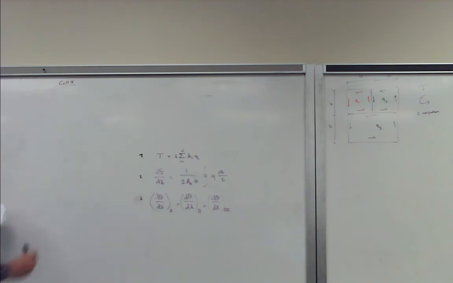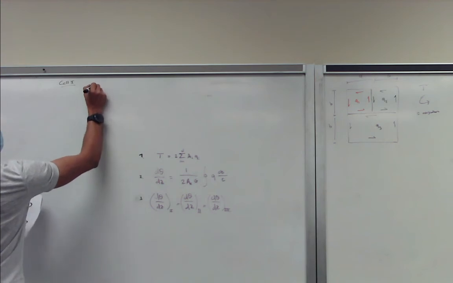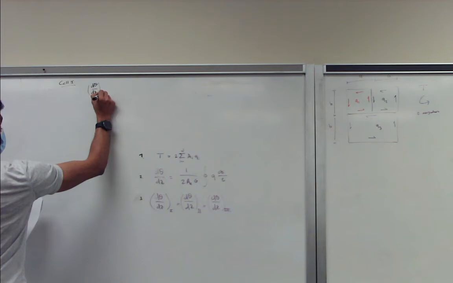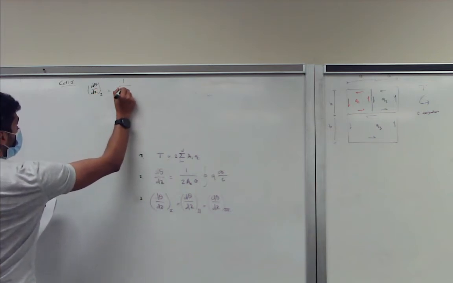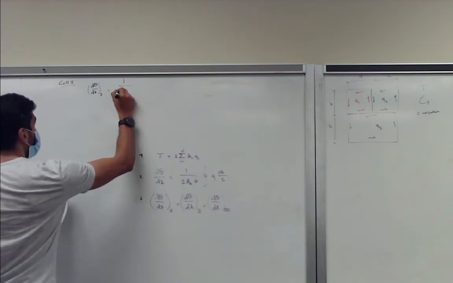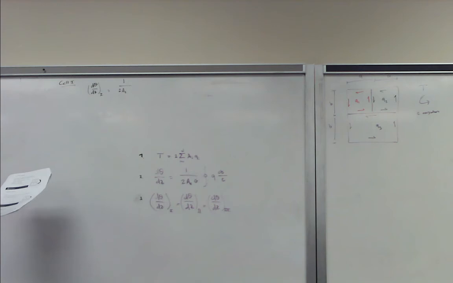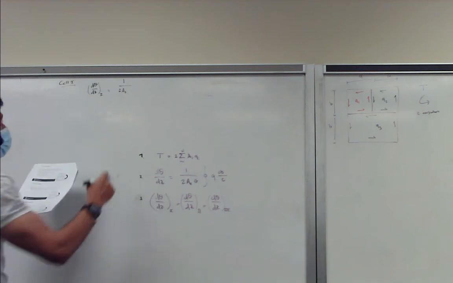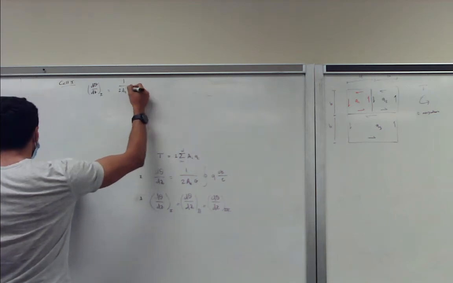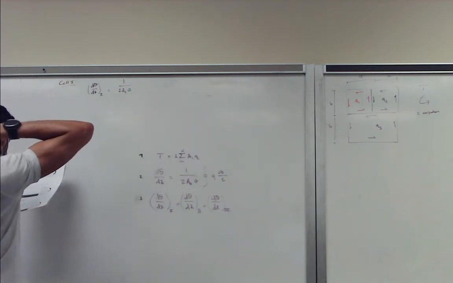For cell 1, we can write the dθ/dz, the rate of twist of that cell. It's 1 over 2 times the area. We assume a constant shear modulus, so we can take G out of it.